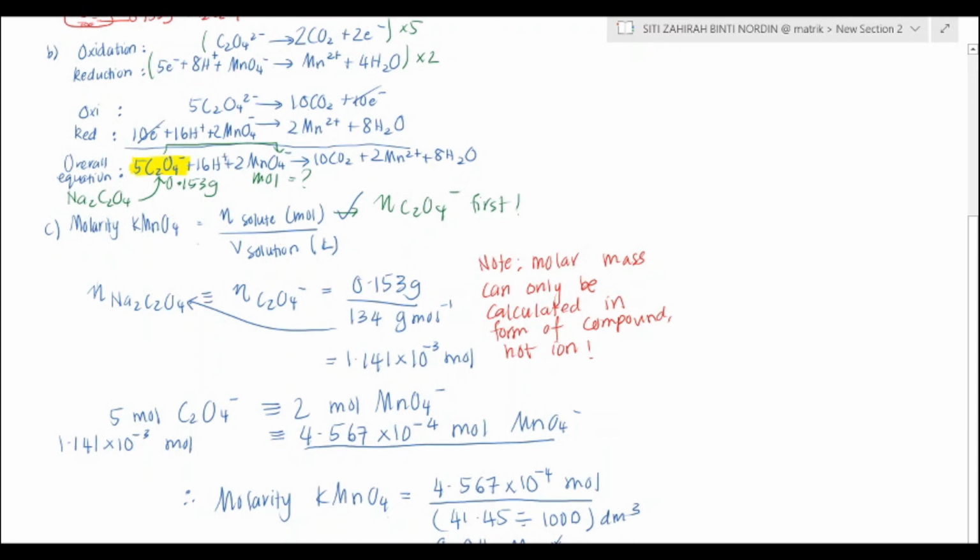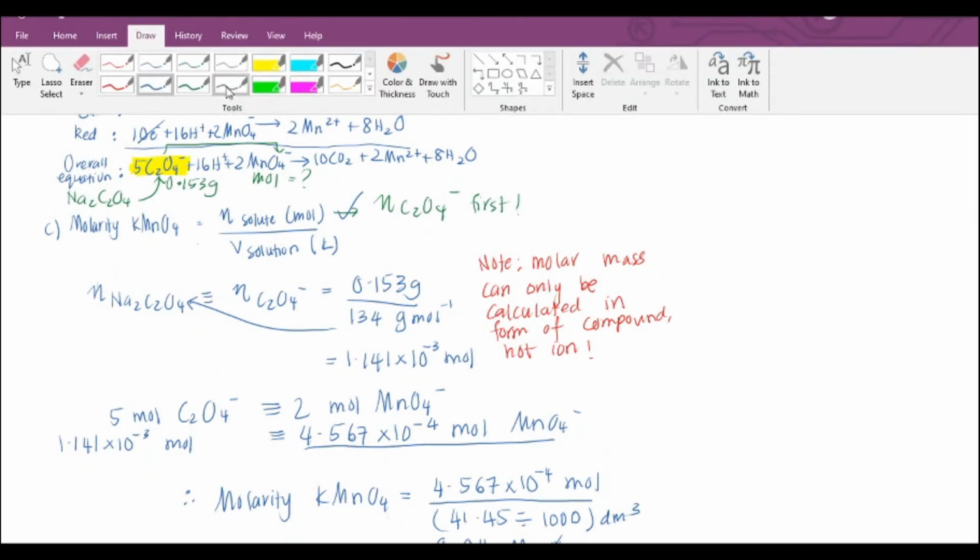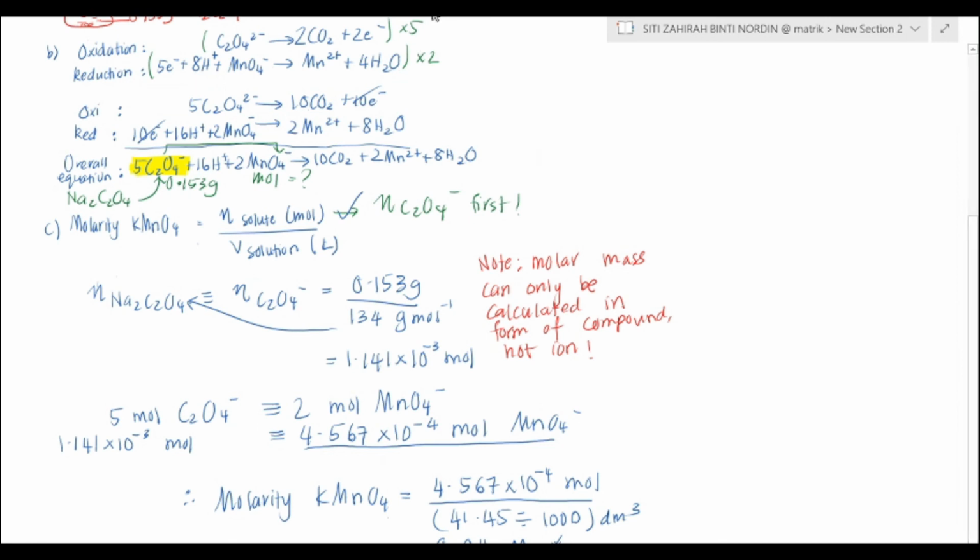Alright, so last step is to check how many marks will be given for this kind of question. First, when you balance all your half equations, then cancel the electrons, and then write the overall equation, and then write the formula for molarity and find the mole for sodium oxalate, and when you do the ratio and find the mole for MnO4-, and lastly find the molarity for potassium permanganate.